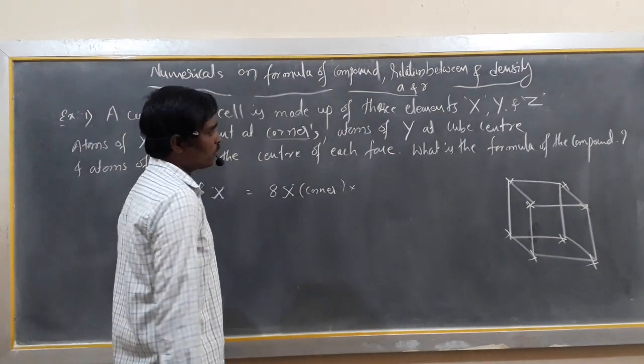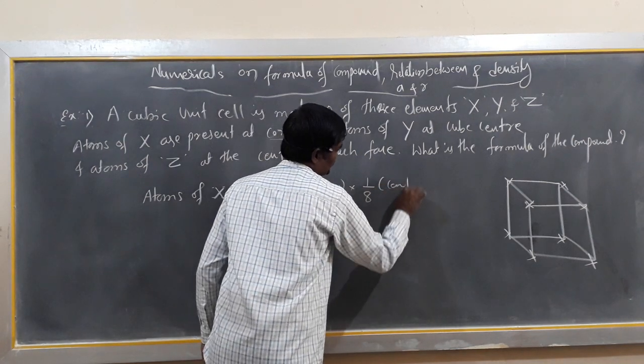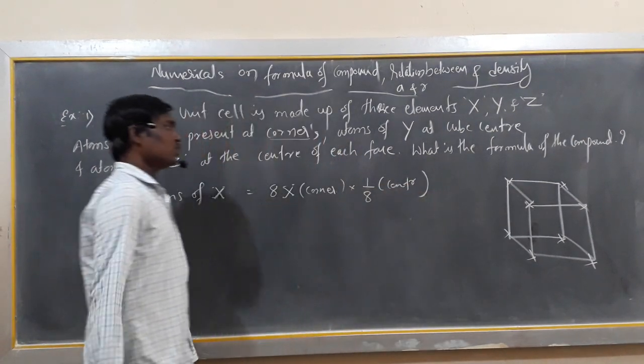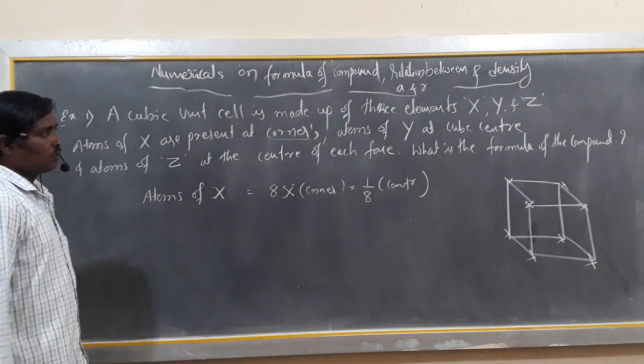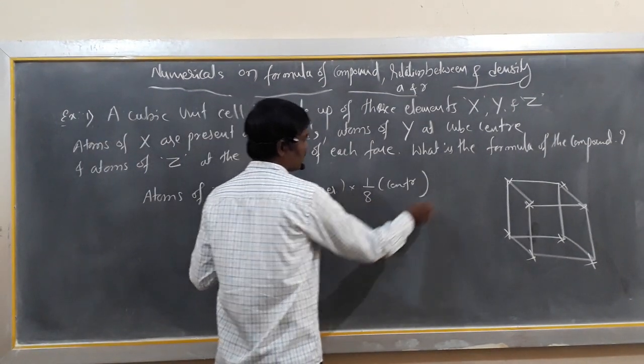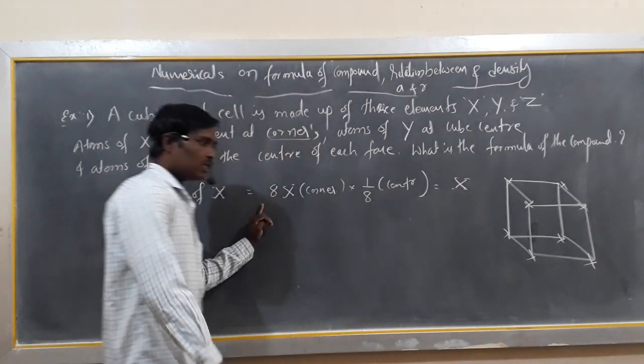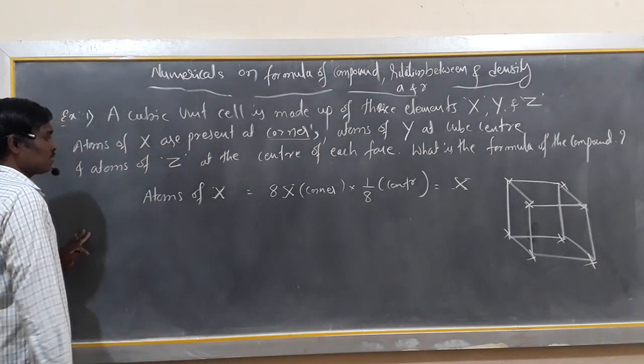And the contribution of each corner particle is 1 by 8. After simplifying, we get 8 X into 1 by 8, which equals X. Therefore the total number of X particles in that unit cell is 1 X.